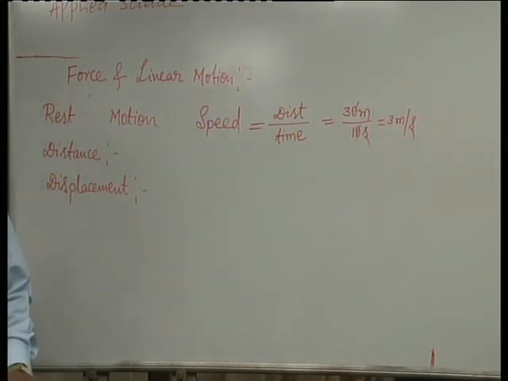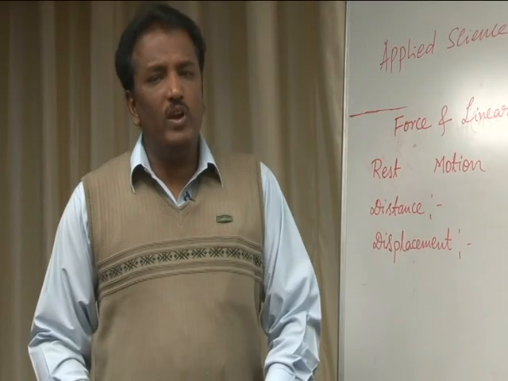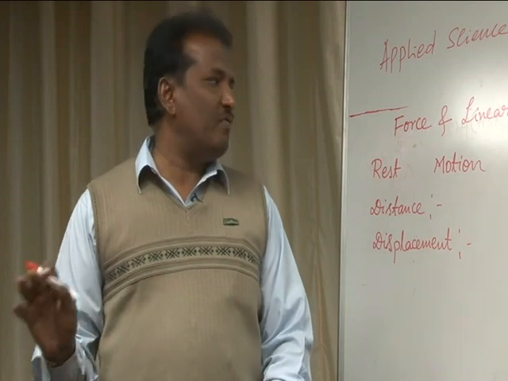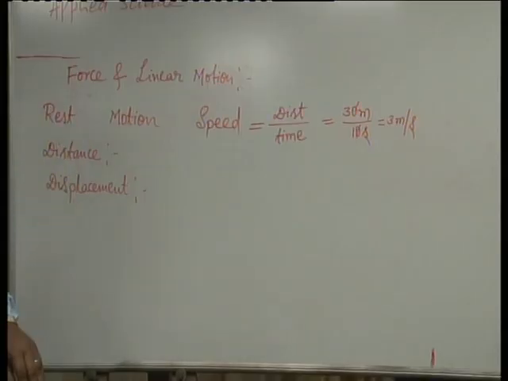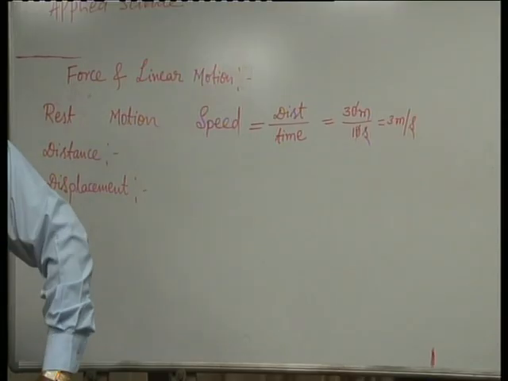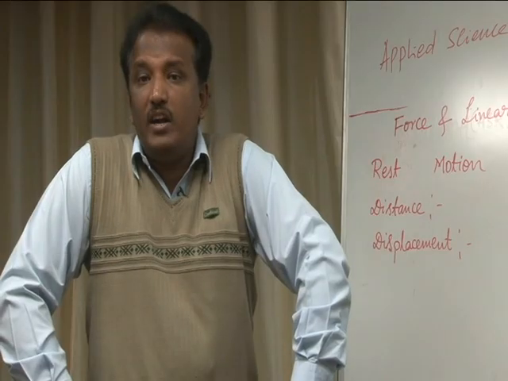So, just remember: the distance travelled by a moving body in a given unit of time, irrespective of the direction, is referred to as speed, because here we are not giving importance to the direction. That is why you can call speed a scalar quantity.